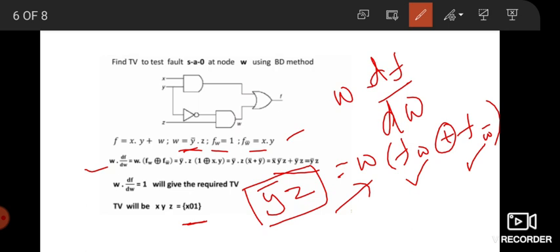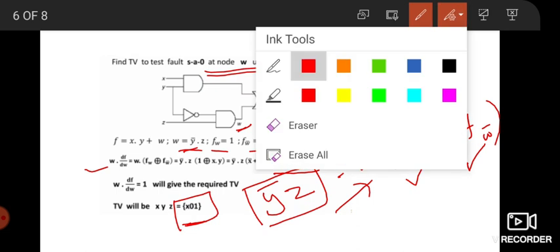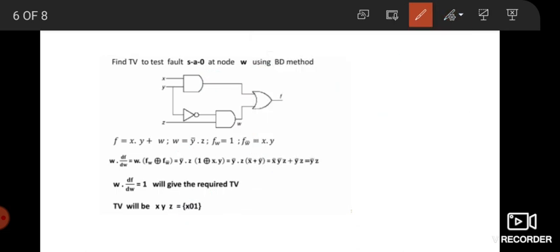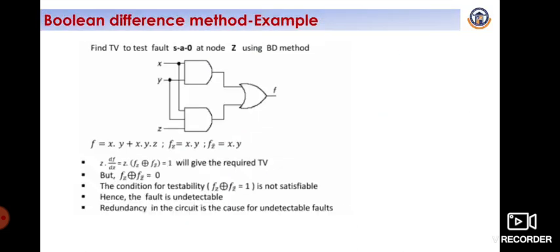This is the test vector for stuck-at-0 at node w, the fault where stuck-at-0 affects node w. This is the test vector for the given fault. Next we move to the next slide.